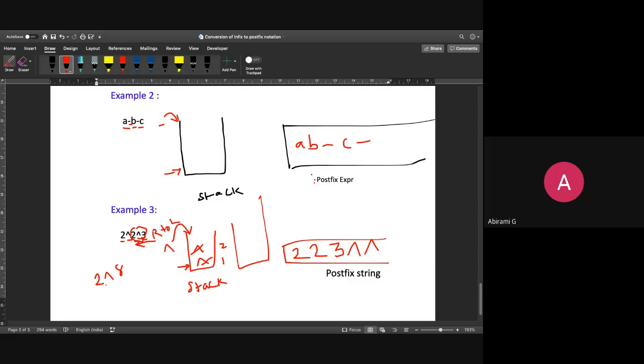So what do we get? Now we are getting 256.